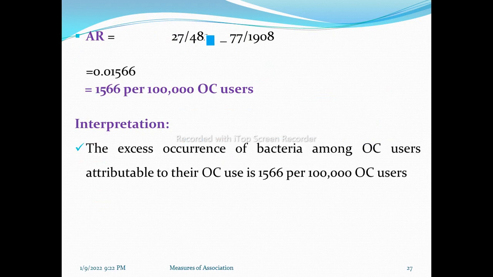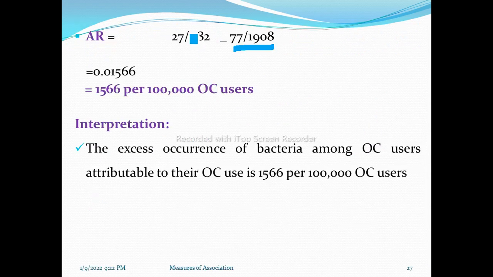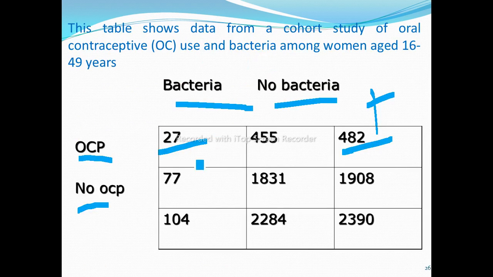The next one is 77 over 1908. This is the incidence of bacteria in the non-exposed group.